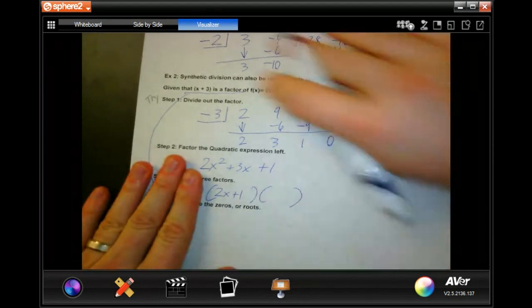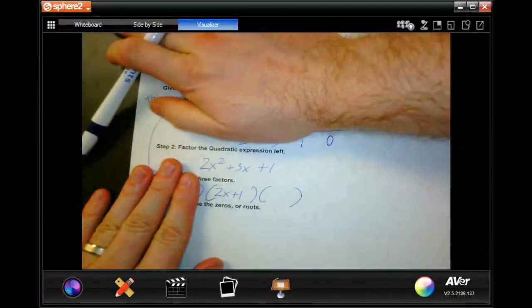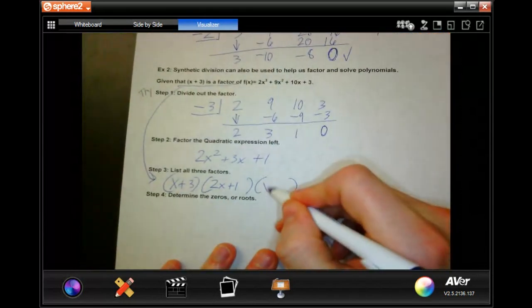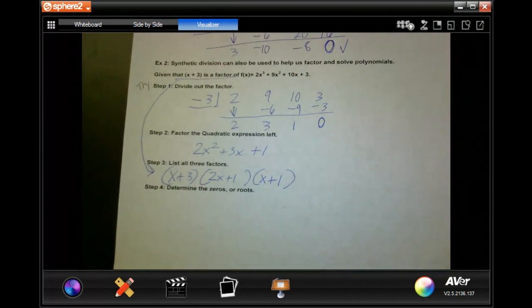If you just factor 2x squared plus 3x plus 1, forget everything else, you're going to have 2x plus 1 as one factor and x plus 1 as the other factor. It's all multiplication. Yeah, you could do 2x plus 1, x plus 1 times x plus 3.